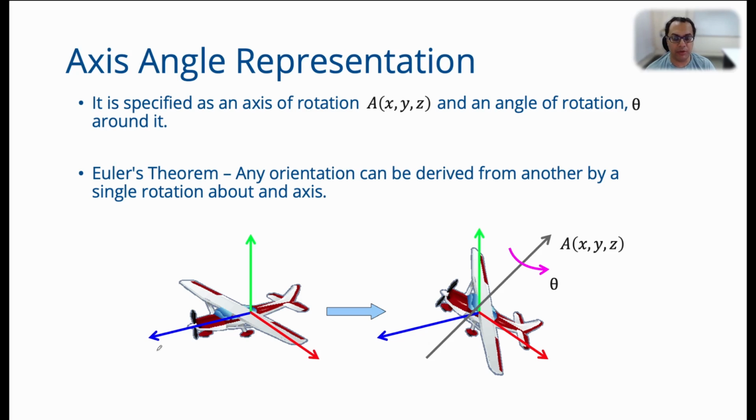There is a theorem called Euler's theorem that says that any orientation can be derived from another. So suppose you want to go from orientation 1 to 2, you can do that by performing a single rotation about some axis. So you can always represent all orientations by using this axis angle representation.